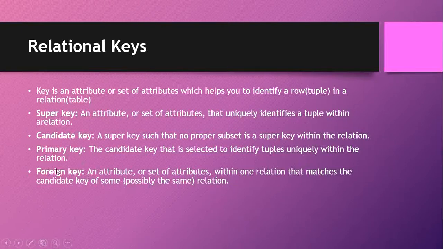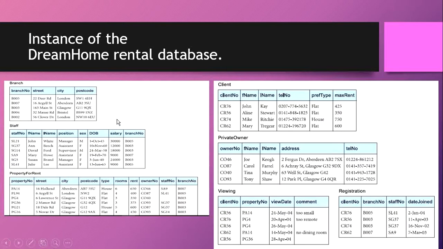So if the primary key of a table exists in any other table, we call it a foreign key. For example, here we have branch number as primary key in our branch table, uniquely identifying the record in the branch table. And here in the staff table, we have this key as well, because we need to know which branch this staff belongs to.